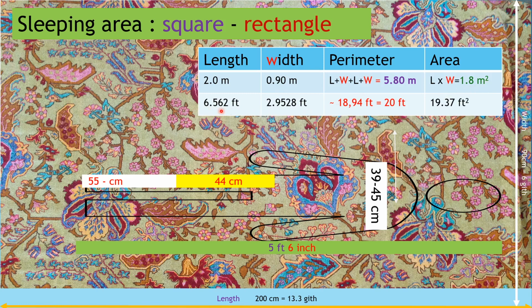So in feet 6.5, 6.5 feet by 3, this is approximately 3 feet. So area is approximately 20 square feet. Perimeter is 20 feet, area is also 19.37 square feet, so you can round it to about 20 square feet.